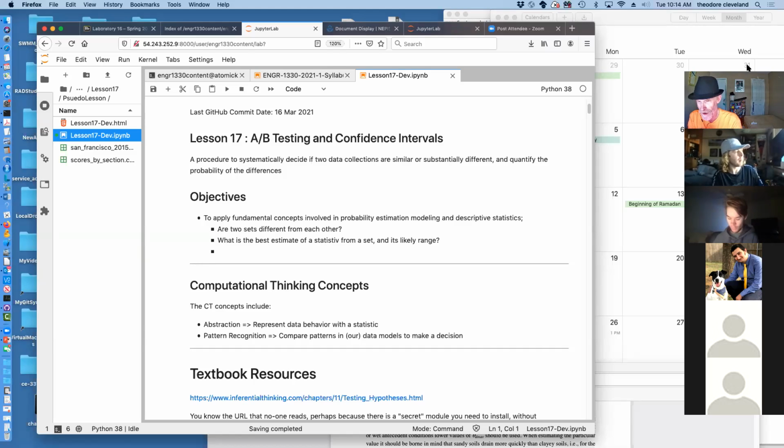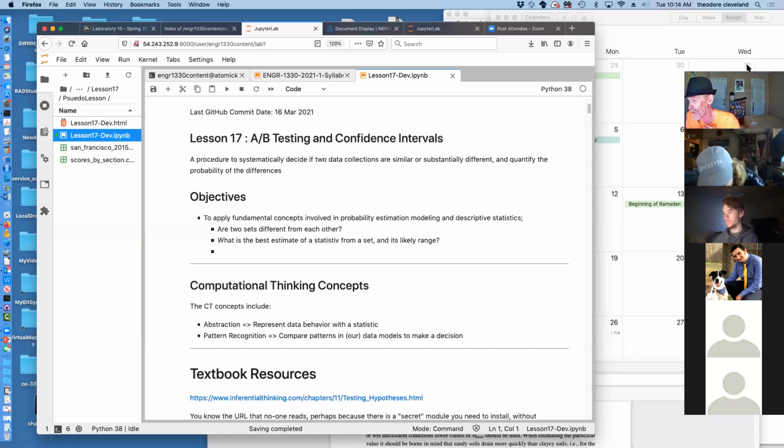Good. And then we looked at ways to answer the question, do they appear to be the same or do they appear to be different? We did it visually. I mean, you can look at it and tell, or we can apply a selection of hypothesis tests to tell if they're the same or different and quantify the probability of the difference.